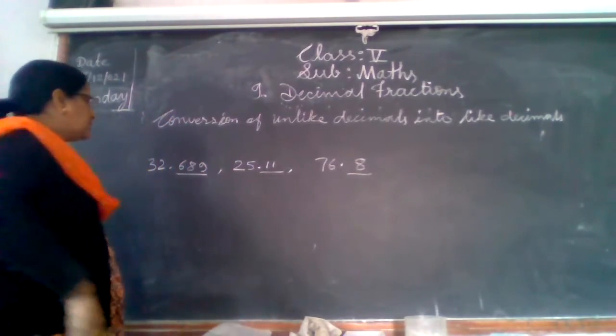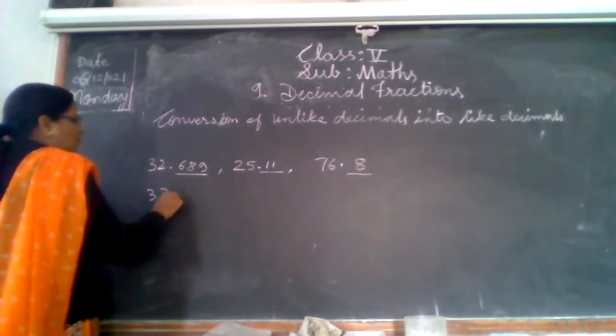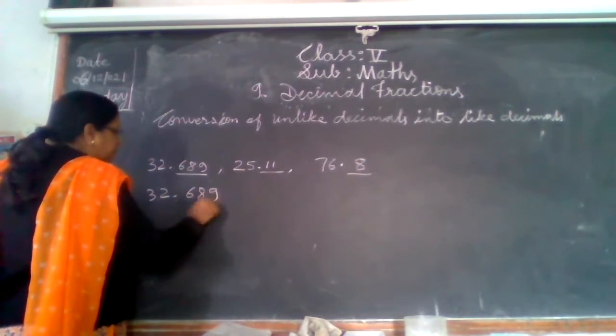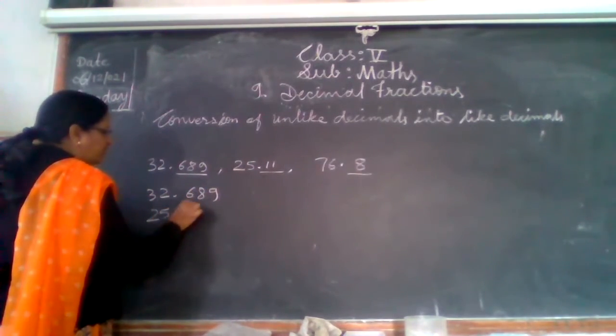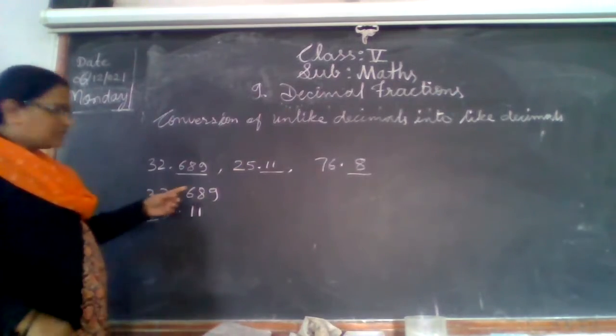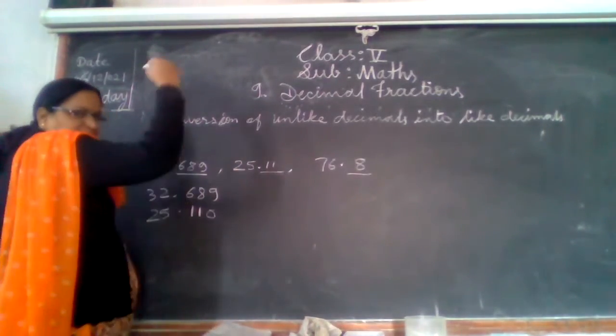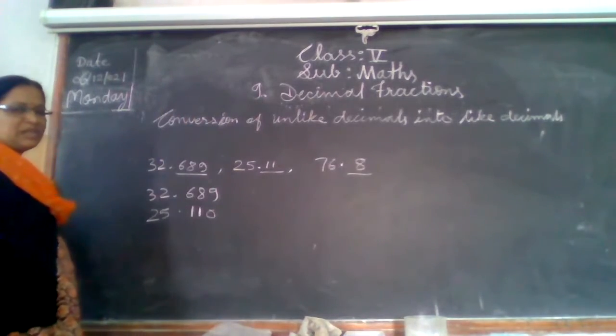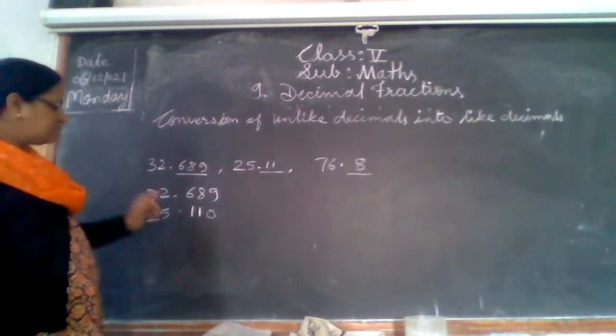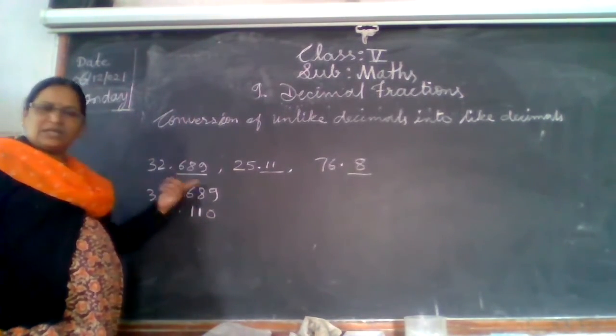So already it is 32.689, 25.11. So maximum is 3. So you just put a 0 from the rightmost side in the decimal part. Now see that it becomes 1, 2, 3.